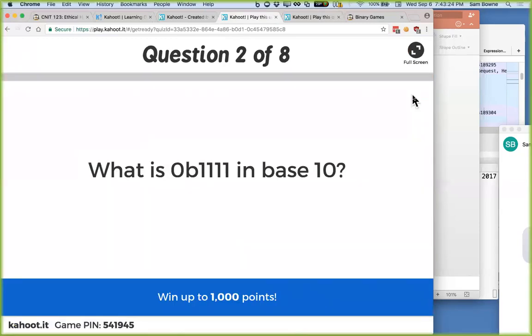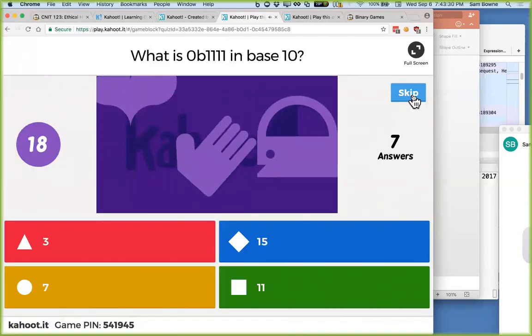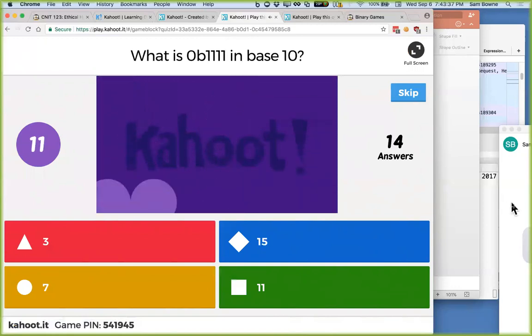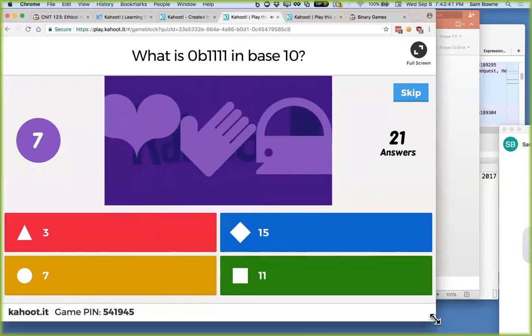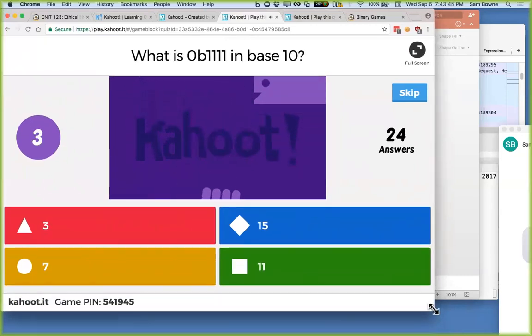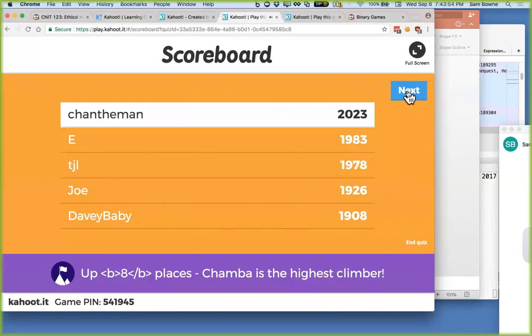Okay, so, all right. What's 1111? Oh, there's the game pin. Okay, good. All right. So it is 15, the largest possible nibble. Good.